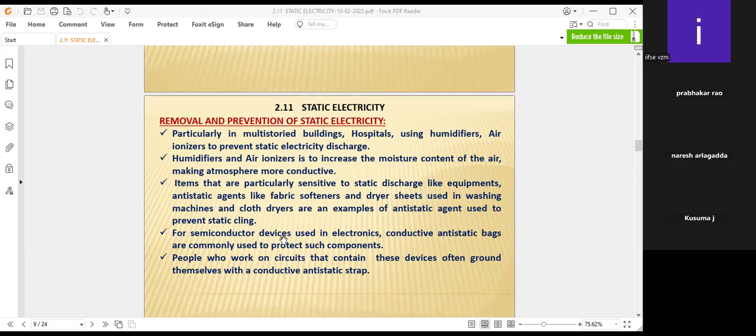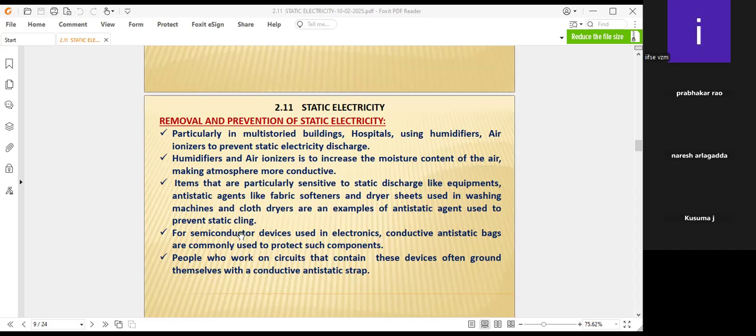For semiconductors, which are part insulator and part conductor, used in electronics, conductive anti-static bags are commonly used to protect such components.